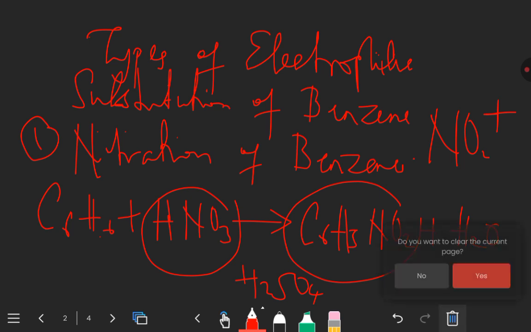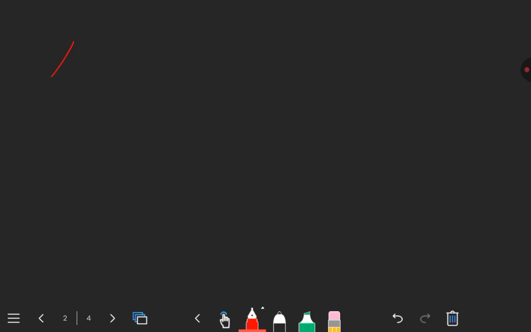So when this happens, we have our benzene in this case, then this benzene reacting with this electrophile like that. So the reaction which occurs will be nitration.